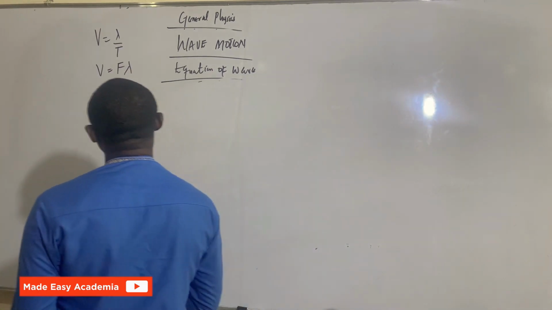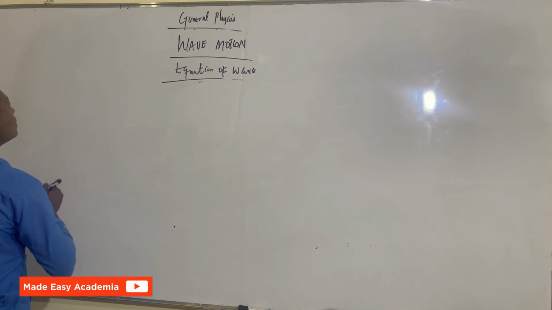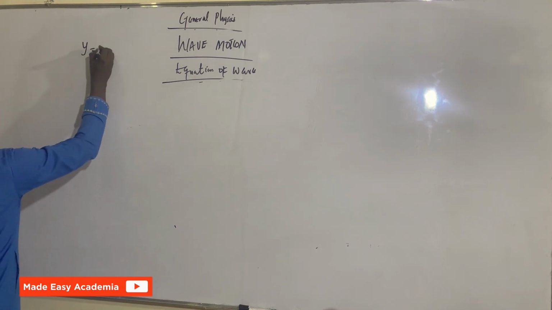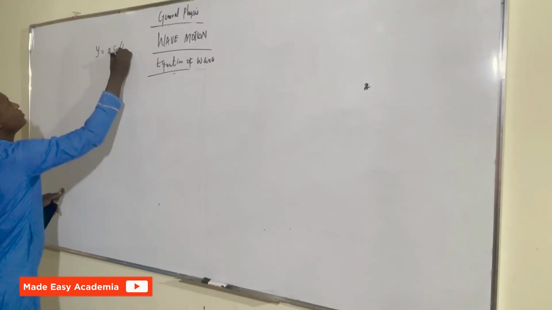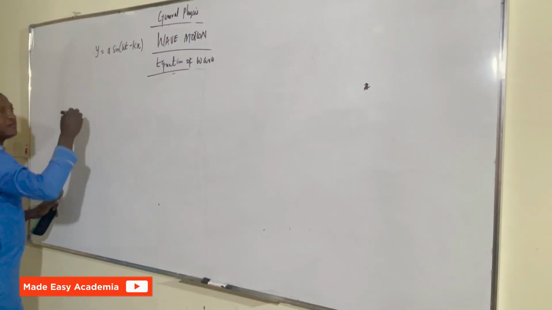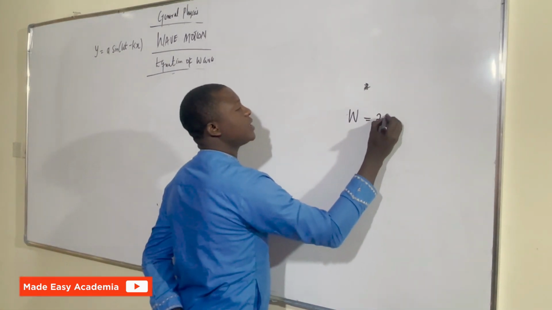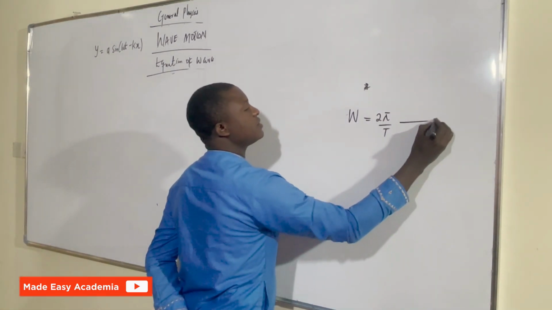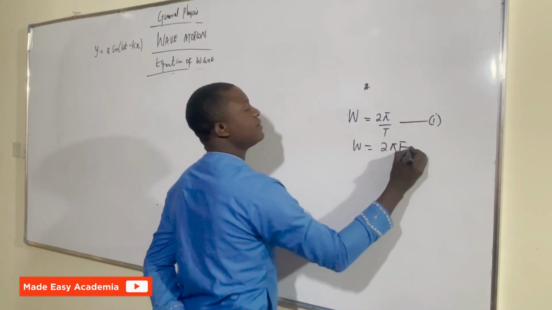So this is what we have for the general equation of the wave. We said, let me write it here, y is equal to, it's very important, A sine open bracket omega t minus kx. And we derived all those formulas. We said omega is equal to 2 pi over T, and we have omega to be 2 pi f.